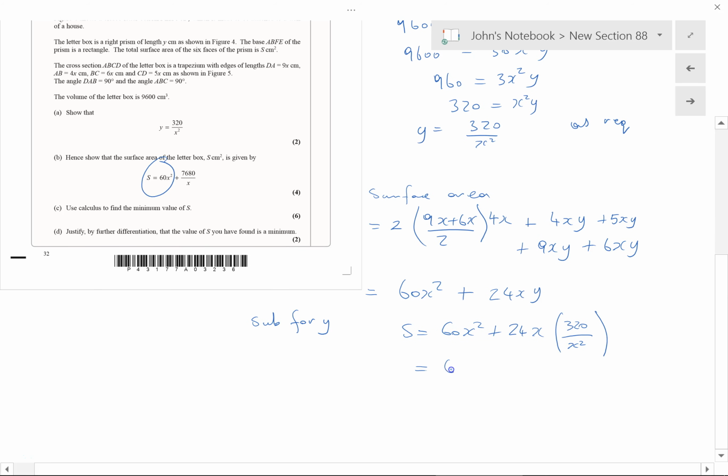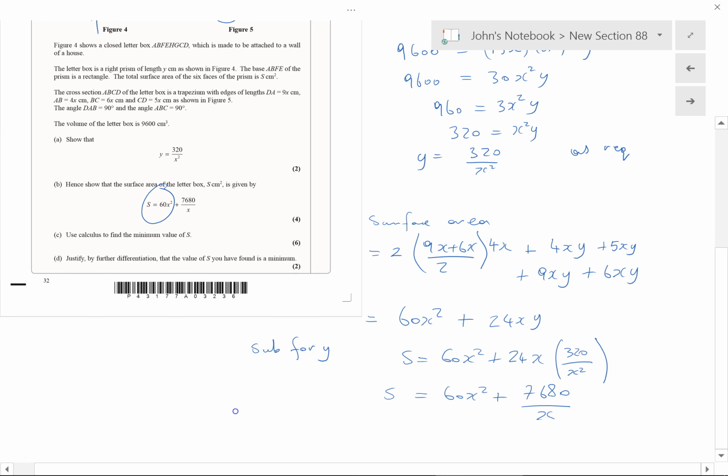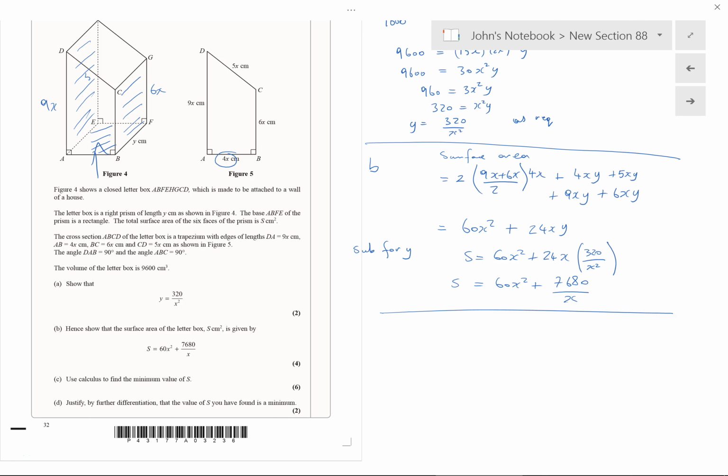So that's equal to 60x squared plus 7680, and the x and the x squared cancel to give us x. We've got 4 marks for that as well. Okay. So in many ways that's the trickiest bit.